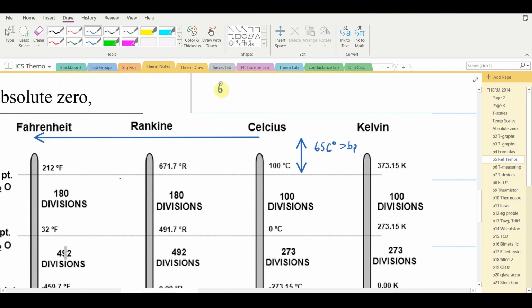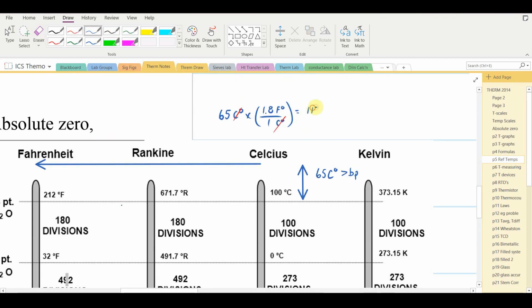Well, 65 Celsius degrees, and there are 1.8 Fahrenheit degrees for every 1 Celsius degree. Units again will guide us and cancel. That turns out to be 117 Fahrenheit degrees above the boiling point. The boiling point is 212 degrees Fahrenheit. This then is 329 degrees Fahrenheit, equivalent to 165 degrees Celsius.